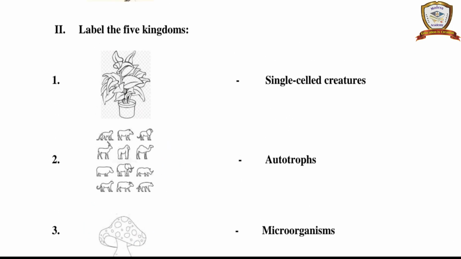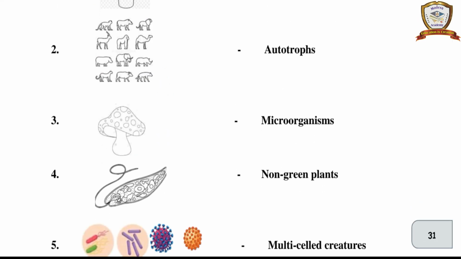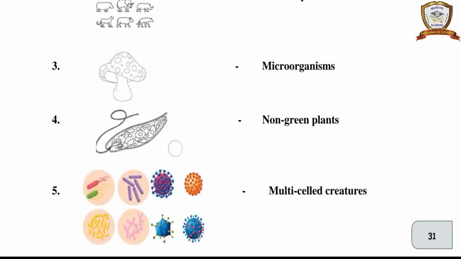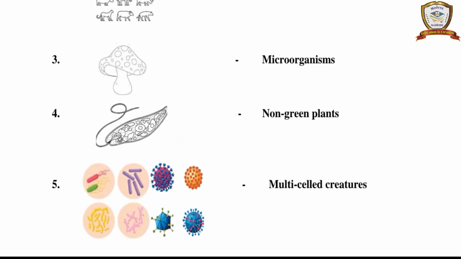What is an autotroph? An organism that can produce its own food by the process of photosynthesis. Next, microorganisms: small microorganisms are there. Next, non-green plant: which one is a non-green plant? And multicellular creature: which one is a multicellular creature? You have to match it.